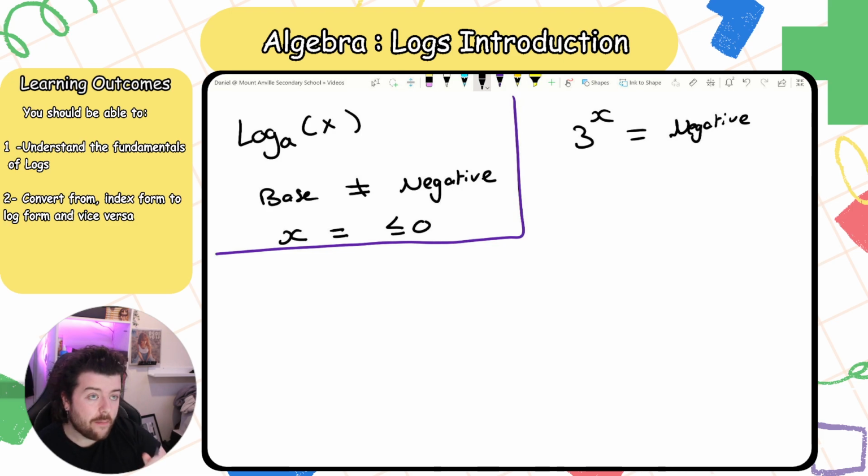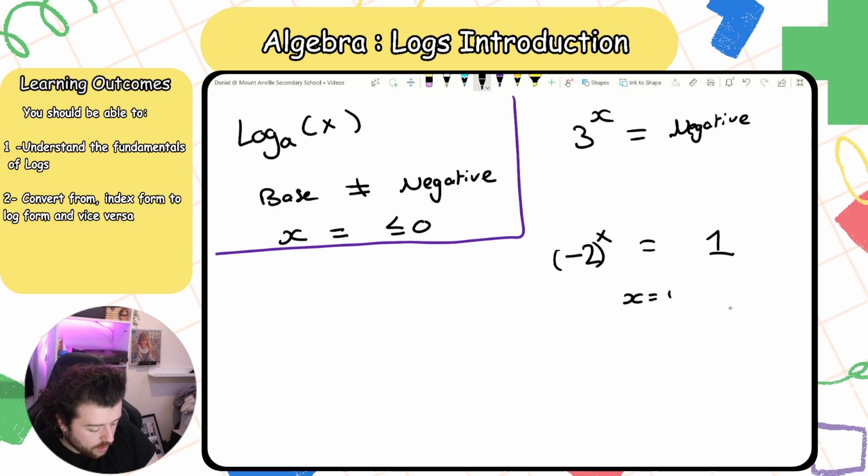My answer will always range from 0 to infinity. Same with the base here. If I have -2 to the x as my function, my answers are going to range from positive to negative, positive to negative. If x equals 0, I have 1. If x equals 1, I have -2.